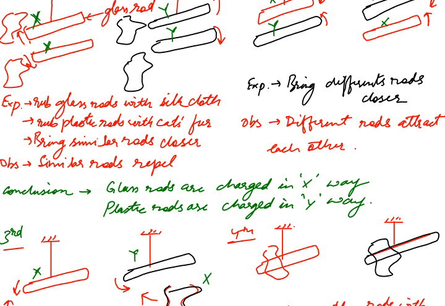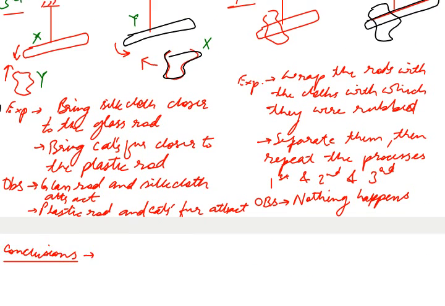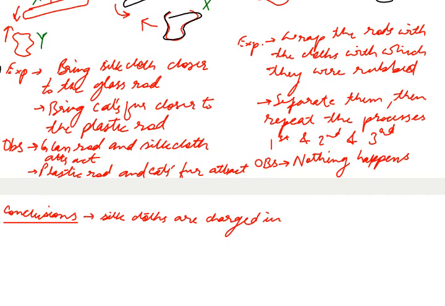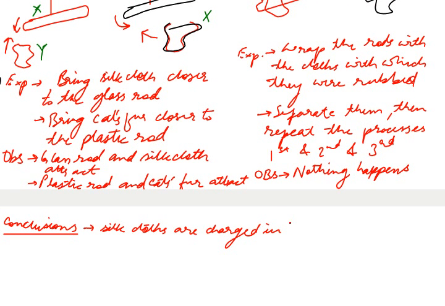Now I can say the way in which silk cloth and cat's fur are charged. From the third process you can see silk cloths are charged in Y way, and cat's furs are charged in X way.